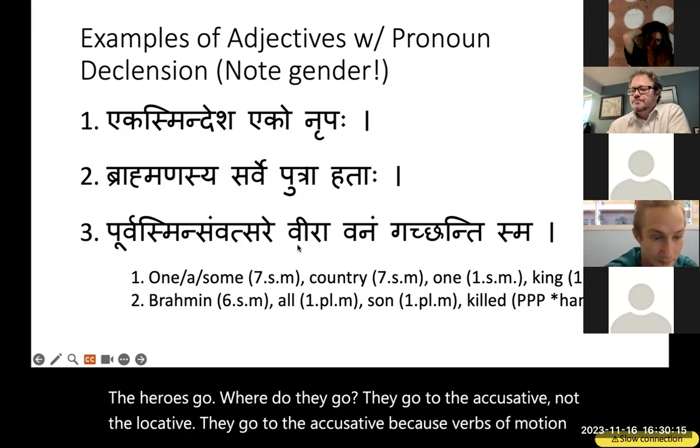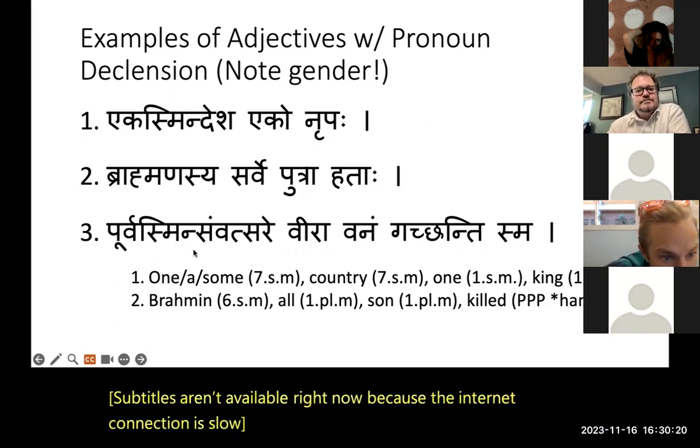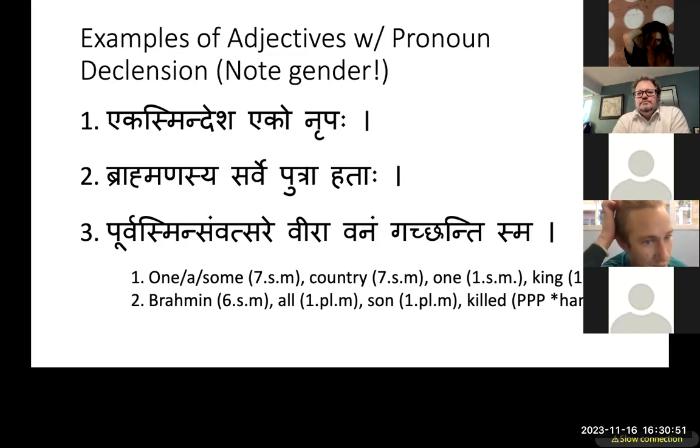Now, what are we going to do? Okay. So then purvasmin samvatsare. And I will tell you that samvatsara means a year. Samvatsare, which is going to be locative. Is that going to be like within the span of a year? Well, you have to look at the word that comes before it. Purvasmin.